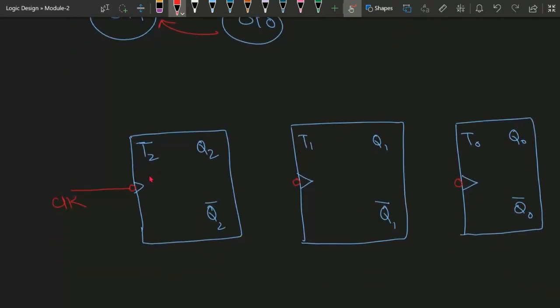So the clock of the next flip flop, T1, will be connected to it, because this clock is connected with this flip flop.